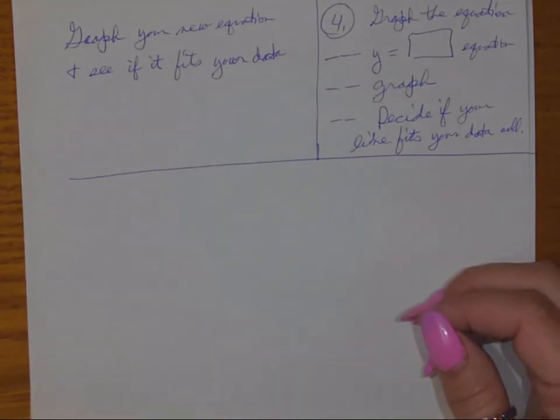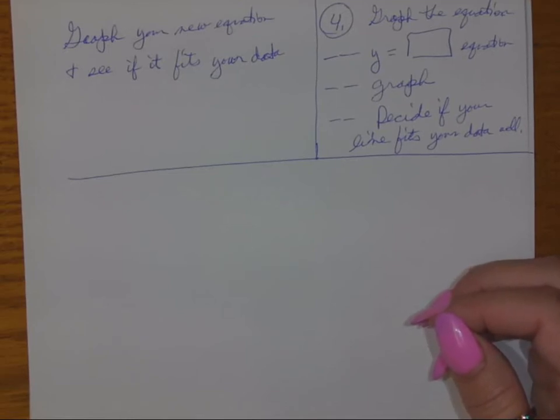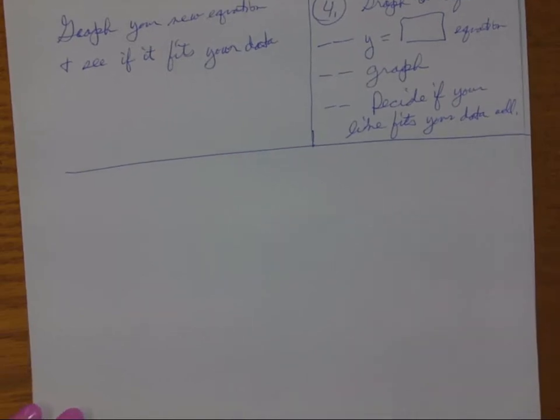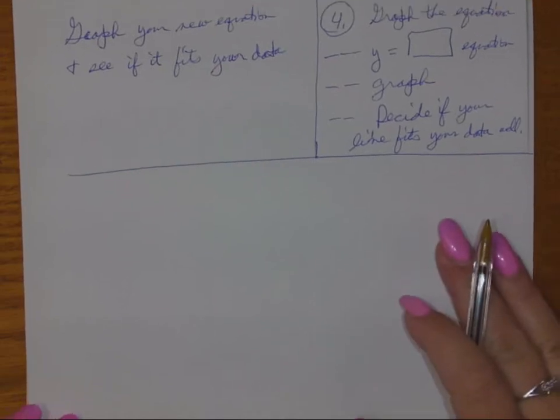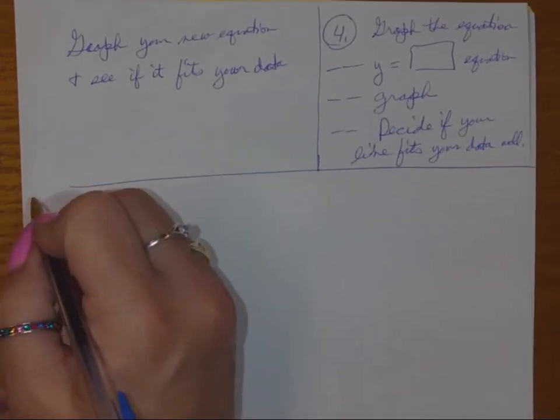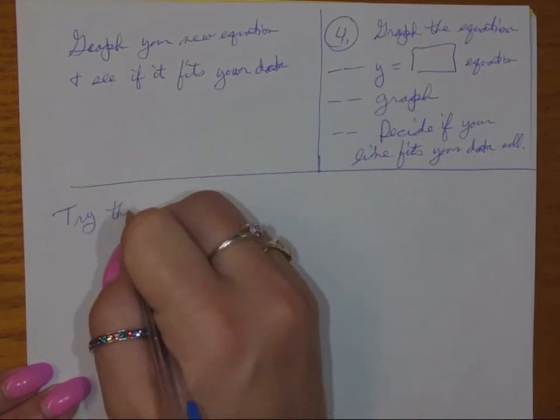So here's what I'm going to say. I'm going to give you another set of data points, and I'm going to give you a chance to enter them and play with them, and then you can pause the video or whatever. I just want you to try this process on your own. Don't necessarily stare at me.